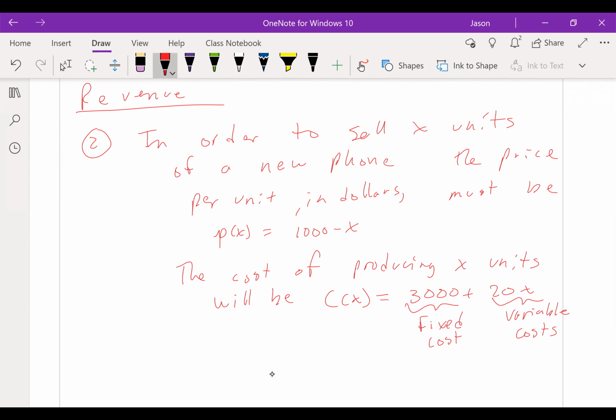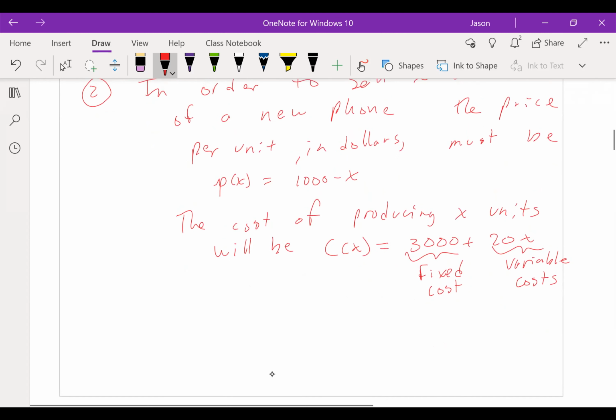So this is saying, I need $3,000 worth of material to make these things, but then I also need $20 worth of material for each phone. So I need $3,000 worth of equipment, and then $20 worth of parts to make each phone. And the more phones that I sell, the cheaper they become.